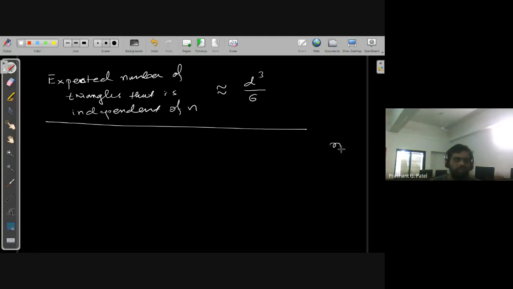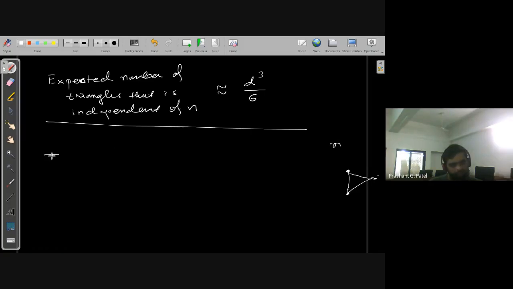So we have n vertices, and if I want this triangle, how many ways can I choose these three vertices? Out of n vertices, n choose 3.